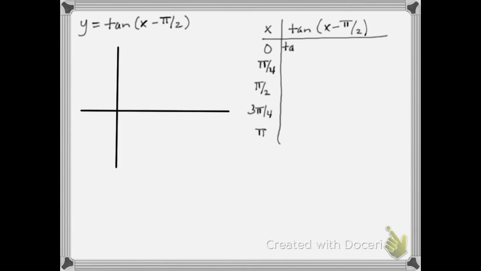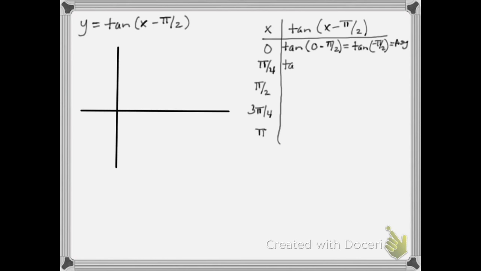The tan of 0 minus pi over 2, because I'm substituting 0 in for x, is the tan of negative pi over 2. Remember, negative pi over 2 is negative 90 degrees, so it would be undefined. So this would be my asymptote here. I'm going to put A for asymptote.